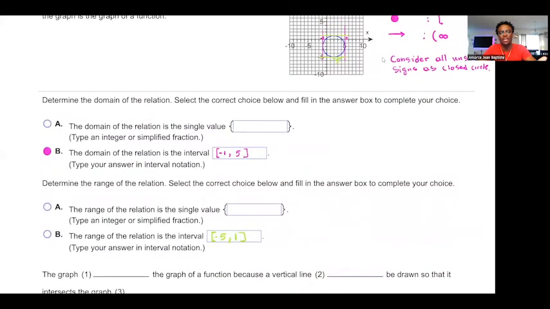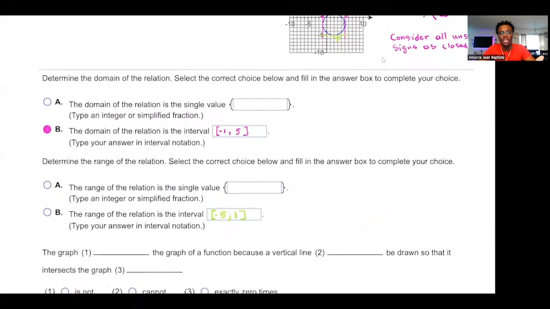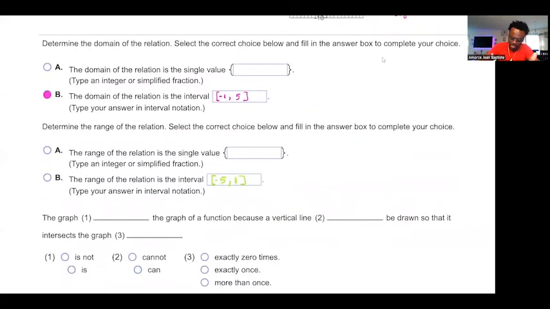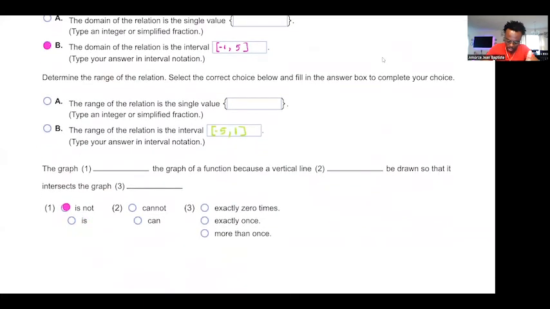Obviously, this graph did not pass the vertical line test. So that means the graph is not the graph of a function.